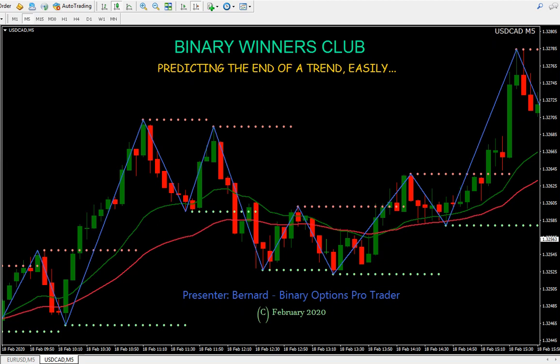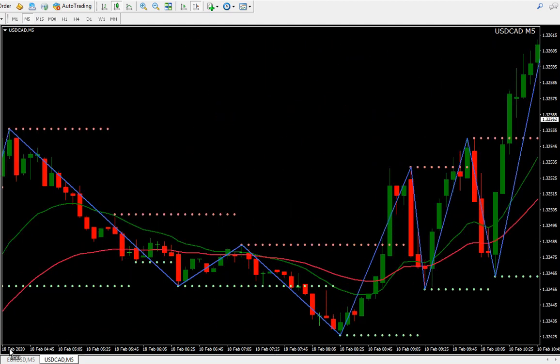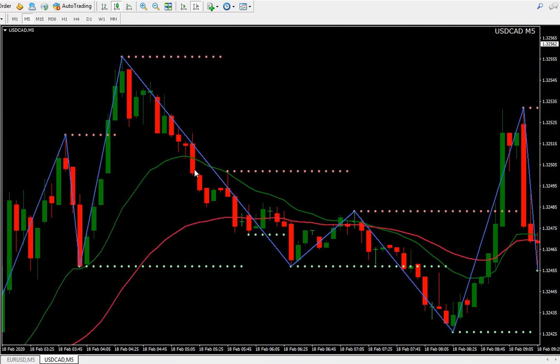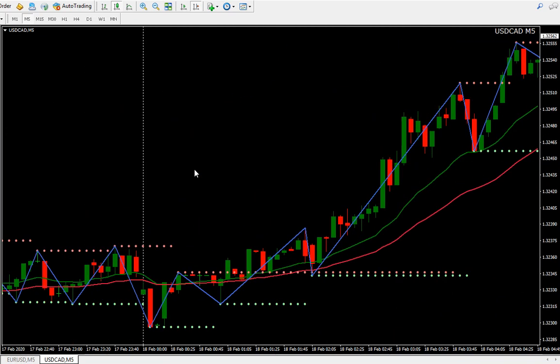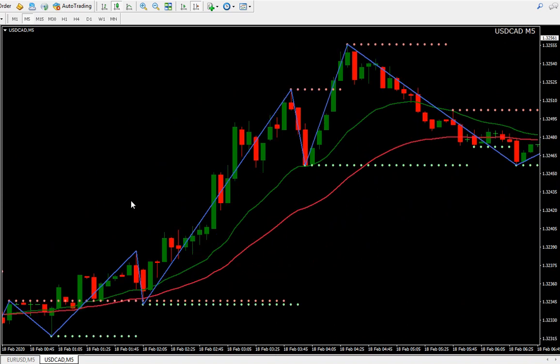Okay, so we proceed. This is USD CAD on M5 time frame. This is today's market. It is 18th of February 2020, and I'm going to the beginning of the day today. On M5 USD CAD, I only have a few things on my chart.